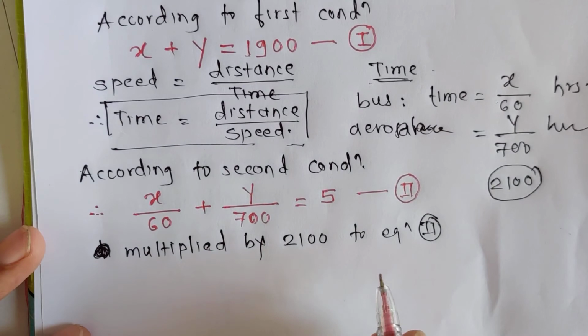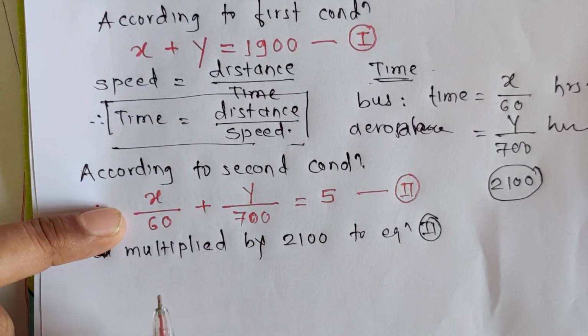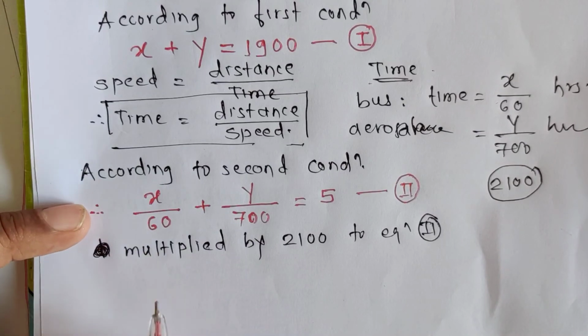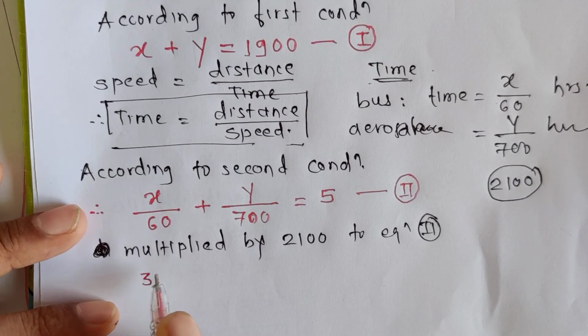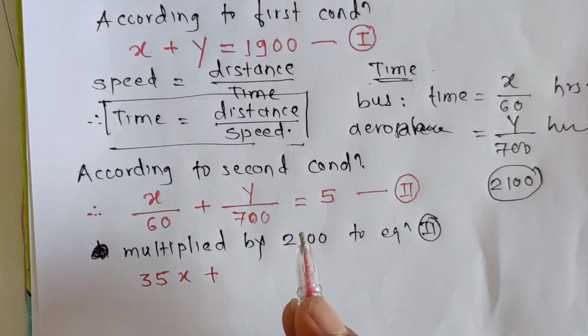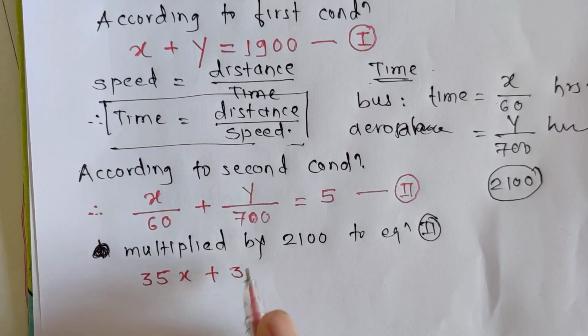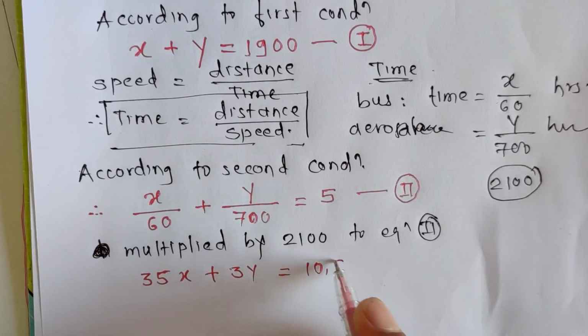So equation 2 becomes, if we multiply by 2100, 2100 divided by 60, we get 35x, plus 2100 divided by 700, we get 3y, is equal to 2100 multiplied by 5, so we get 10,500.